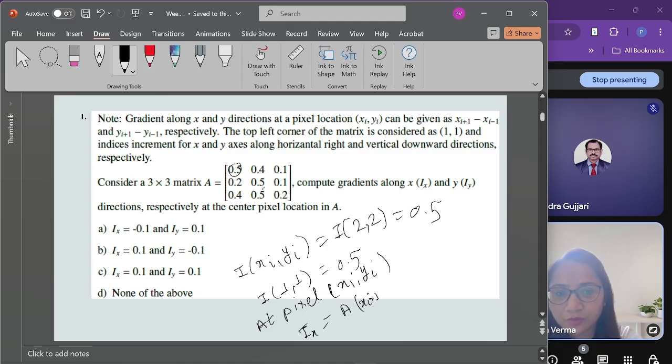A of xi plus 1, yi minus A of xi minus 1, yi.